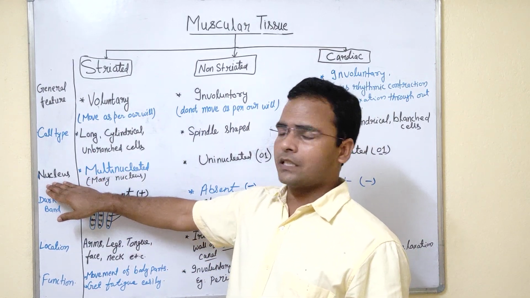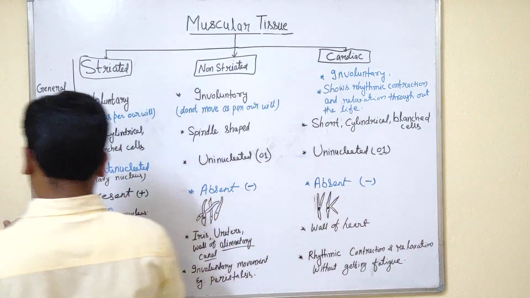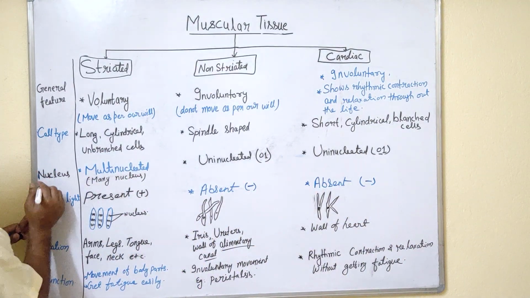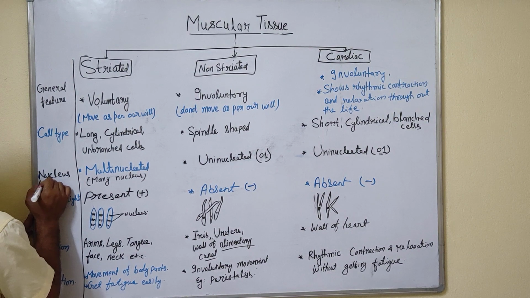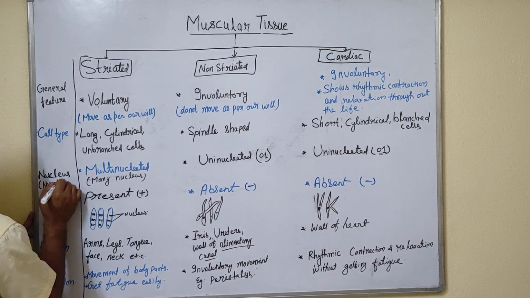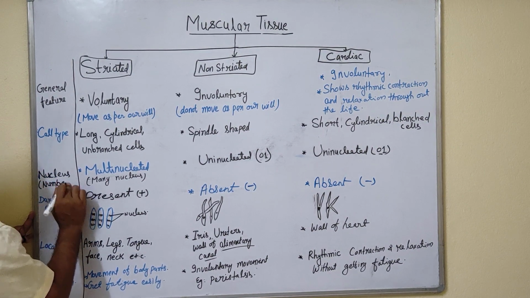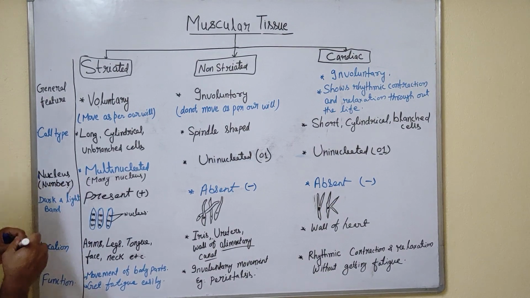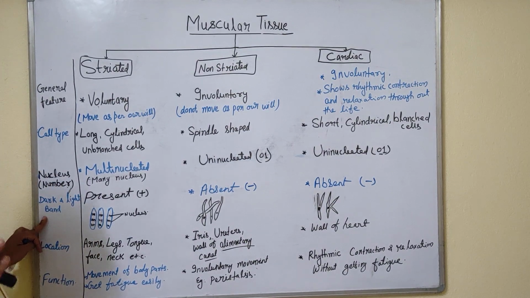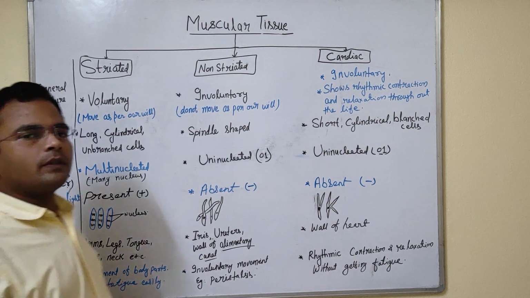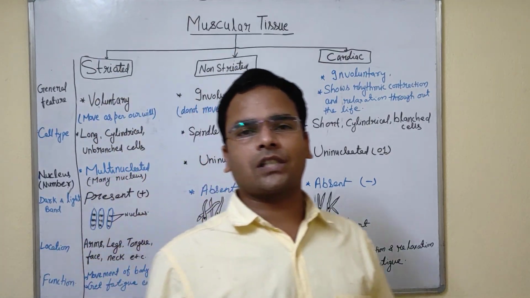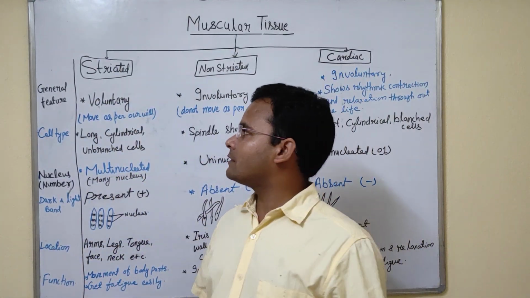But here the nucleus is based on number, whether one is present or many. So I am writing here number, how many nuclei are present. The third one is whether dark and light bands are there. The fourth one is location, and the fifth one is function. Based on that, we will classify it.